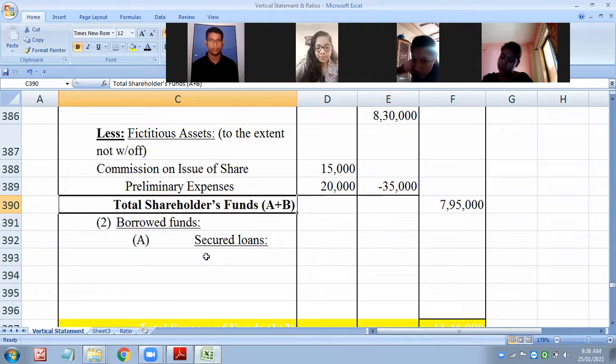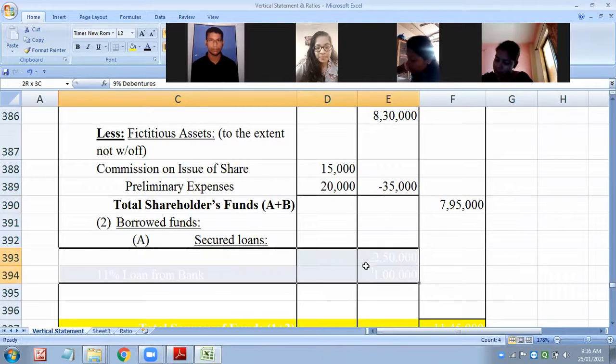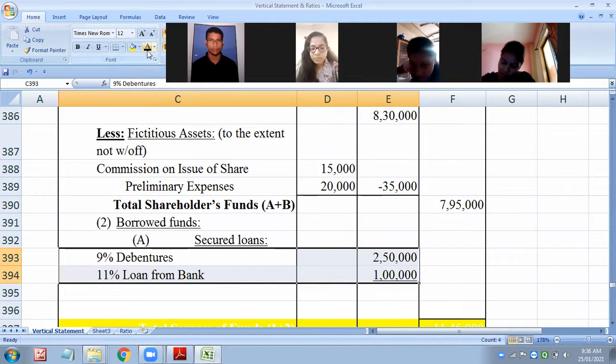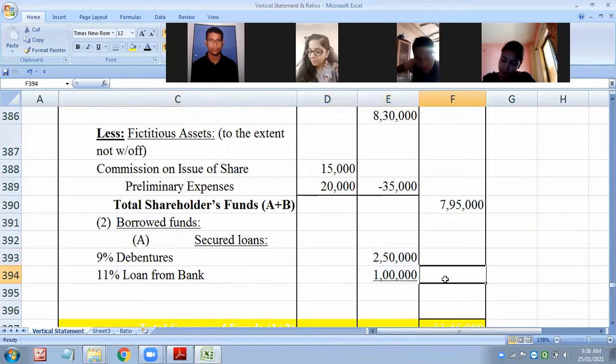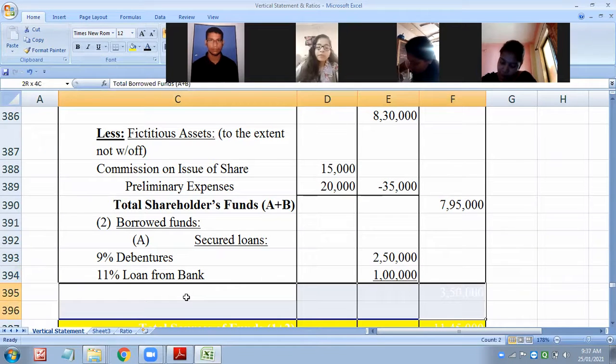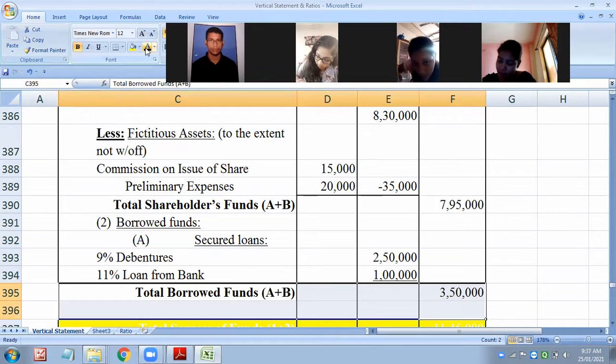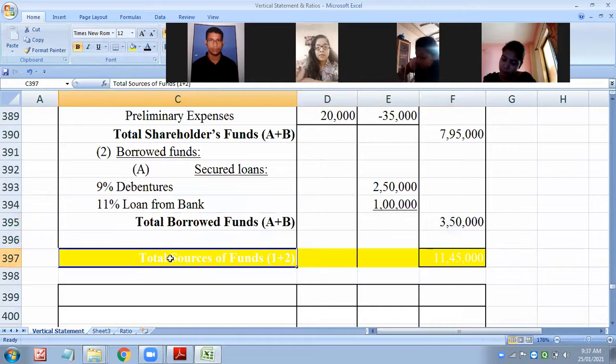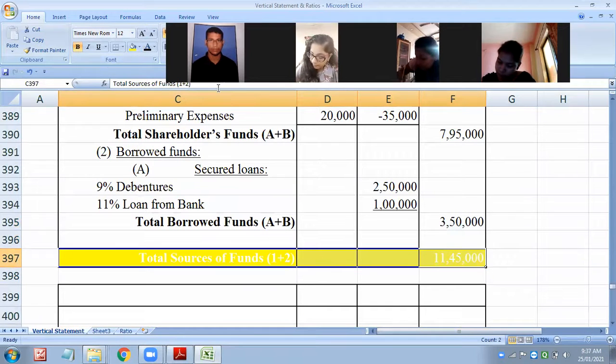In borrowed fund, we have secured, which are those, let's see, we have 9% debentures and 11% bank loan. So these are secured ones. Do we have anything unsecured? No. So total borrowed fund is 3,50,000 and total sources of fund or capital employed.